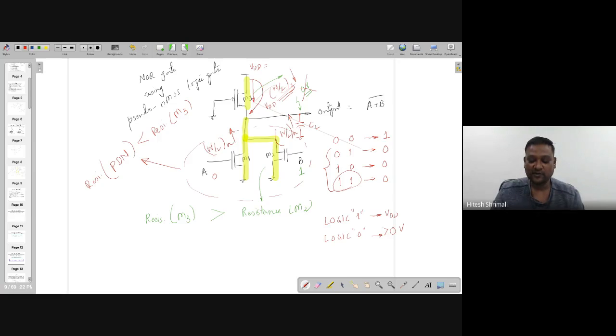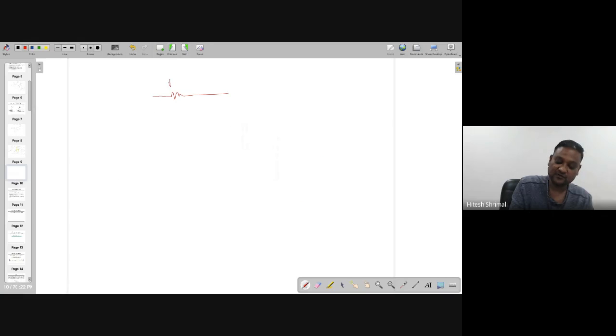If it is open, then there is no problem, there is a direct connection from here to here. But here there are two connections at the single node, made by resistors. You can say that because of the resistance R3, I'm trying to connect VDD over here, and on the basis of inputs A and B, the resistances R1 and R2 are trying to connect to ground, and this is the Vout.